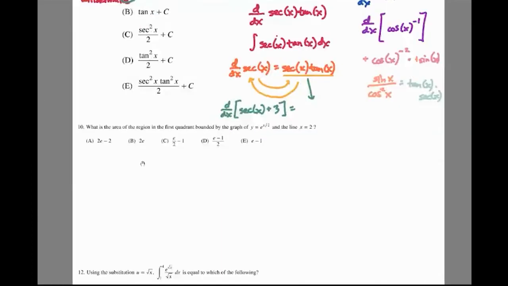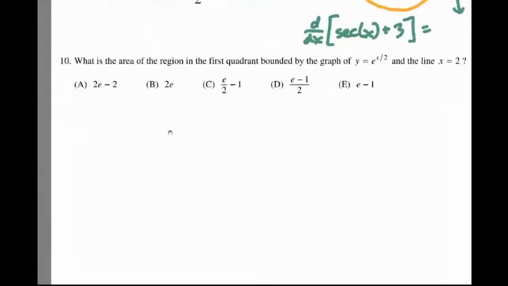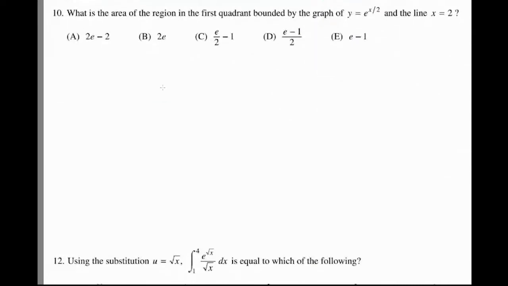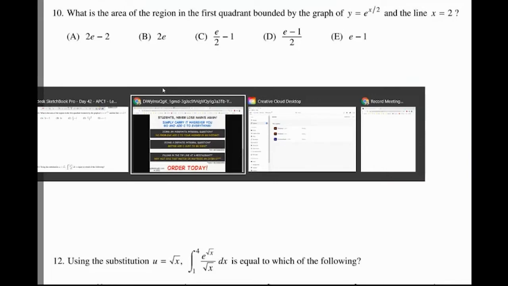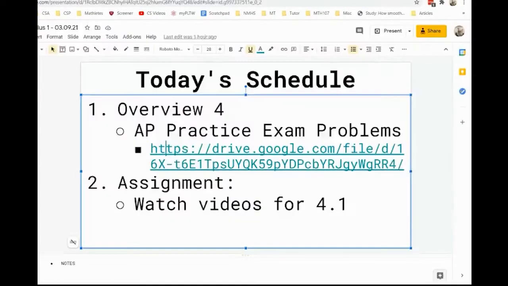All right, next. We talked about this a little bit yesterday, and I said the great thing about antiderivatives is it can help you find the area of a non-basic shape. Does everyone remember that graphic I showed? This one right here.